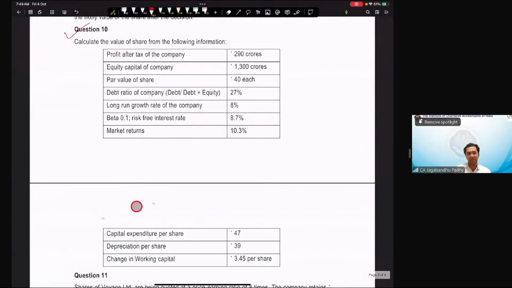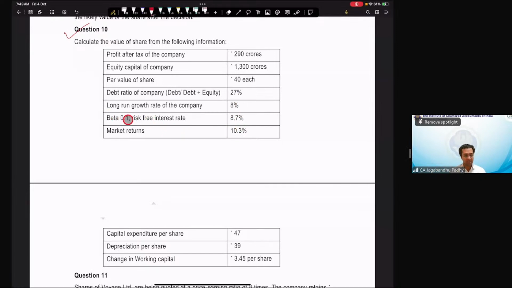Just like in dividend, the growth rate of the FCFE is also going to be, let's say, if the company is going to grow at 8%, so maybe your FCFE is also assumed to grow at the same 8%. Then we have beta, risk-free rate, and market return. Can you give me the CAPM return here, guys?